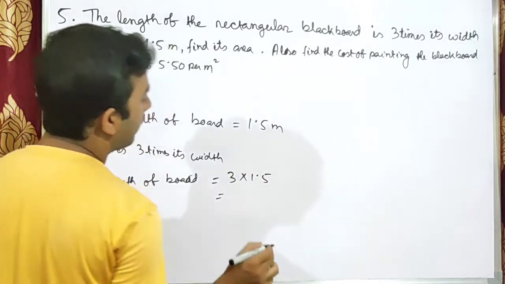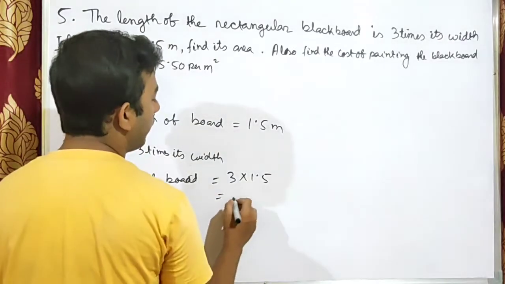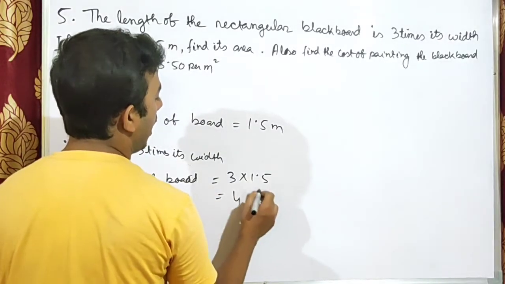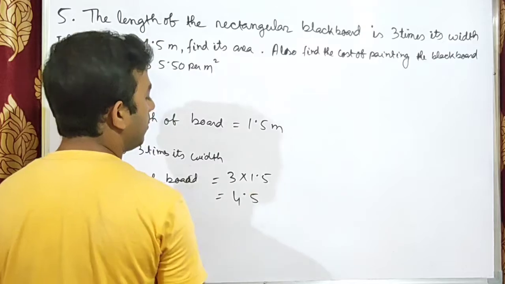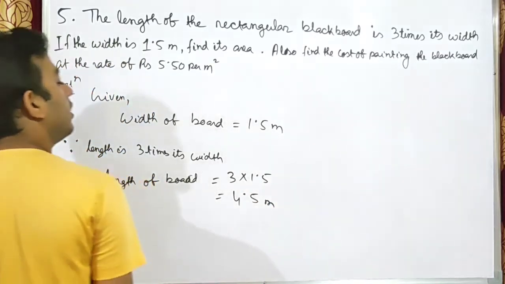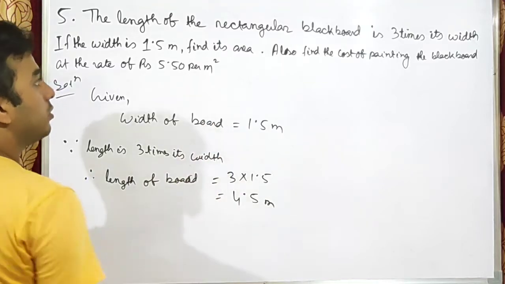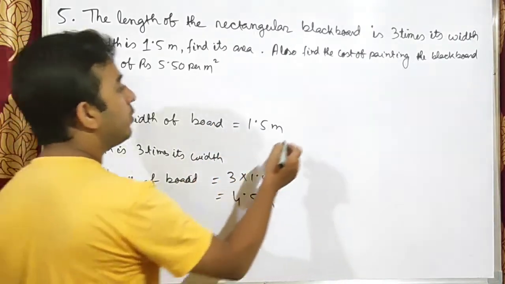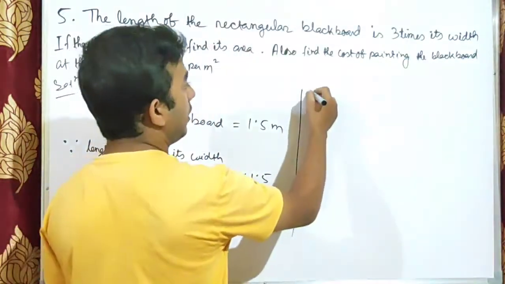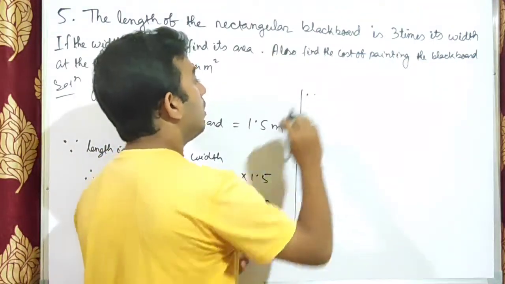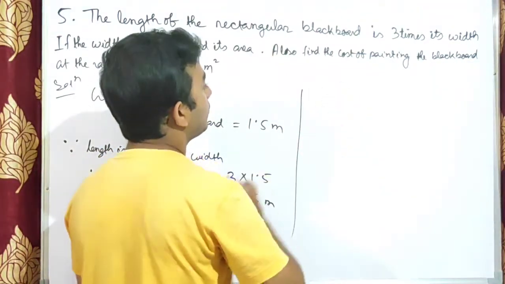Now 3 into 1.5 is 4.5. After the decimal there is 1 digit, so we put the decimal before 1 digit. Clear? So now we have length and breadth, so we can easily find the area of the board.